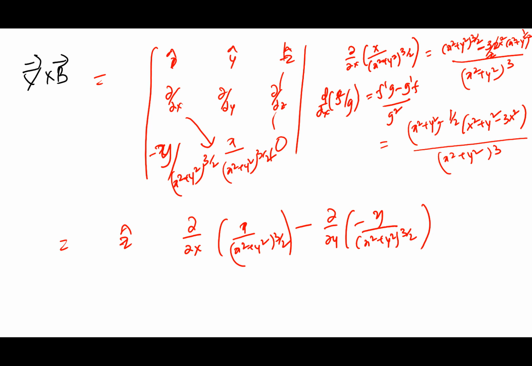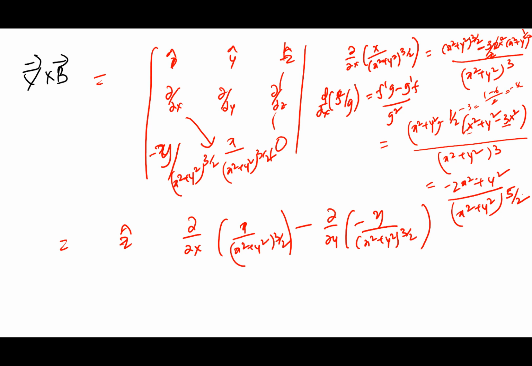So if you write this, I would get half minus 3, so that would give me 1 by 2, so that's 1 minus 6 or minus 5 by 2, so it would give me minus 2x squared plus y squared divided by x squared plus y squared to the power 5 by 2, right?